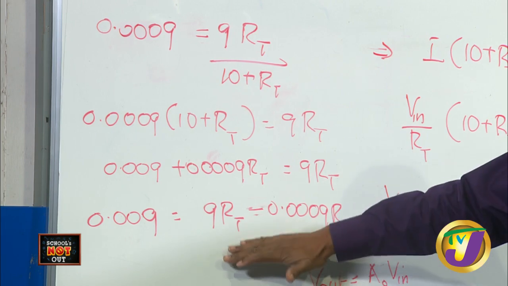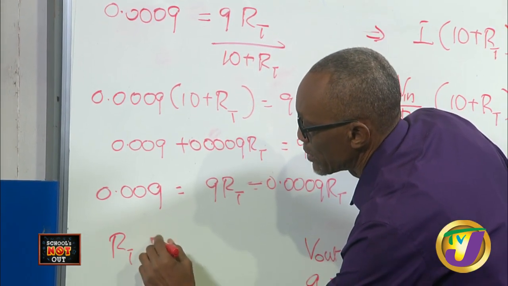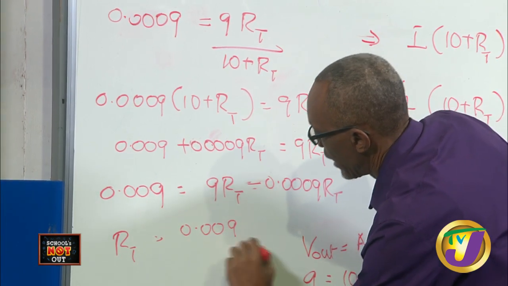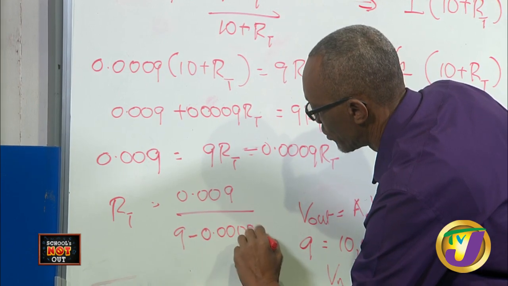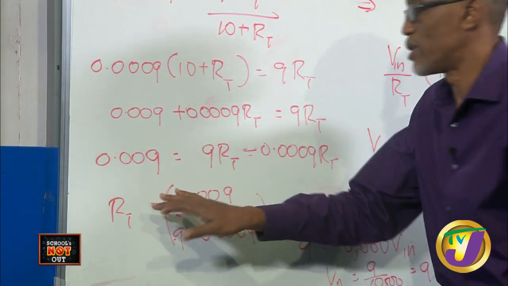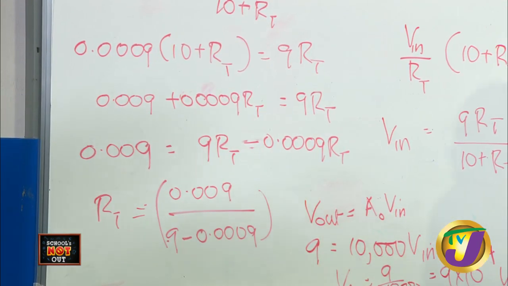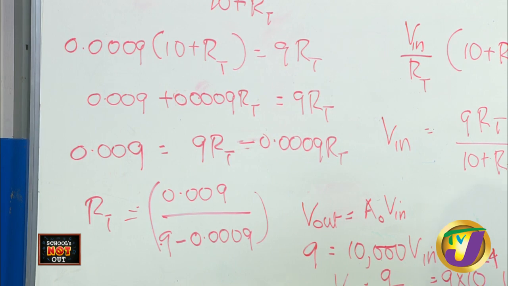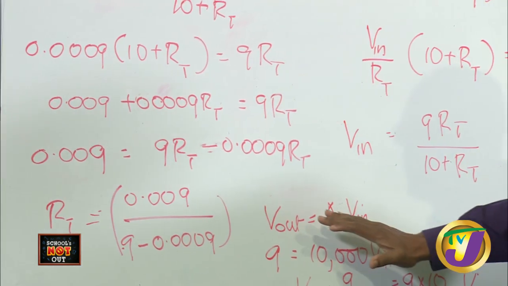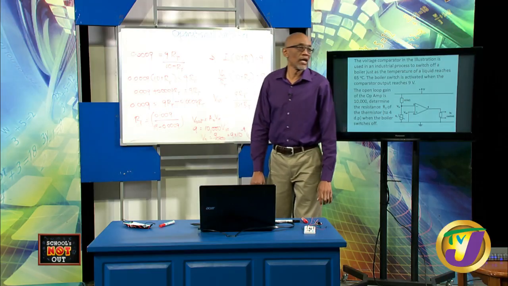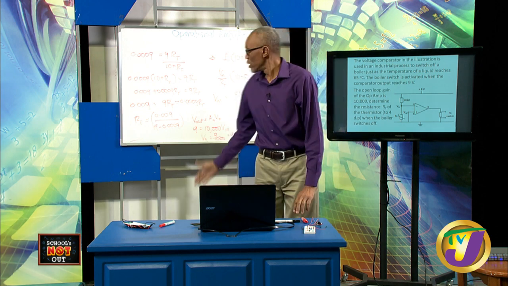When we subtract, we get that RT is equal to 0.009 over 9 minus 0.0009, and that will be the value of RT. So here we have used two things: the gain as well as the potential divider, in order to determine at what resistance the switching occurs.